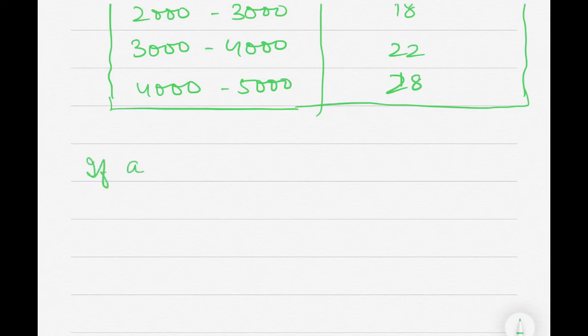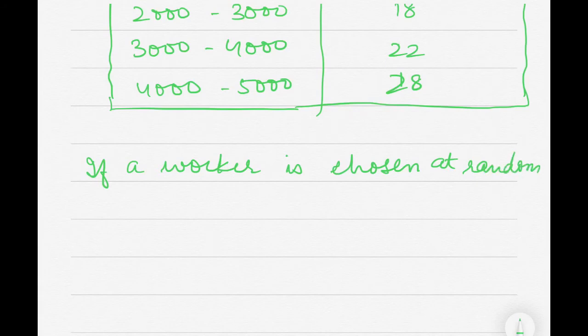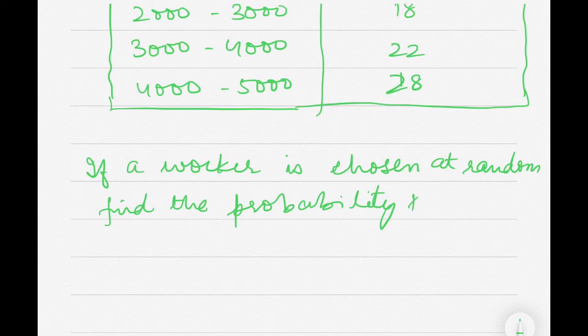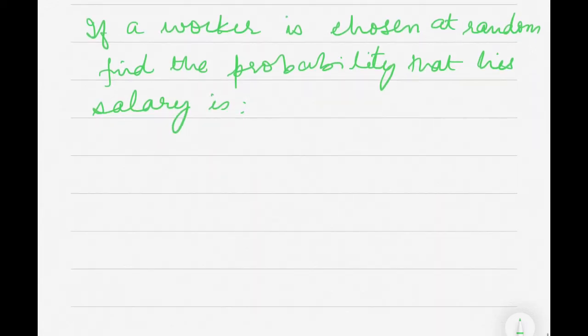Now, if a worker is chosen or selected at random, anything is fine, you have to find the probability that his salary is, first, less than 8,000 rupees.